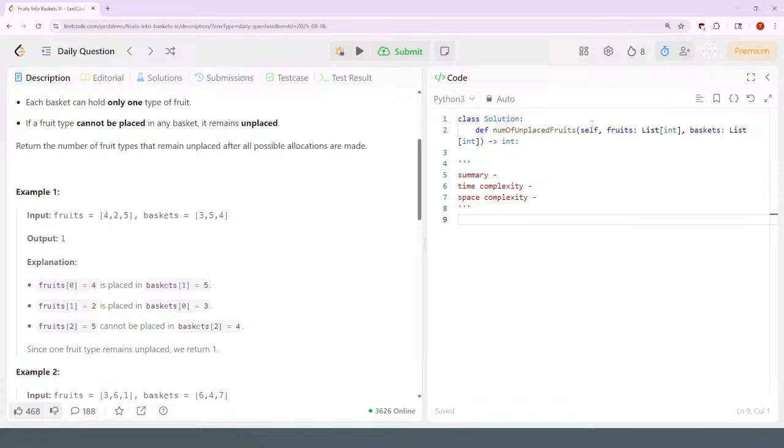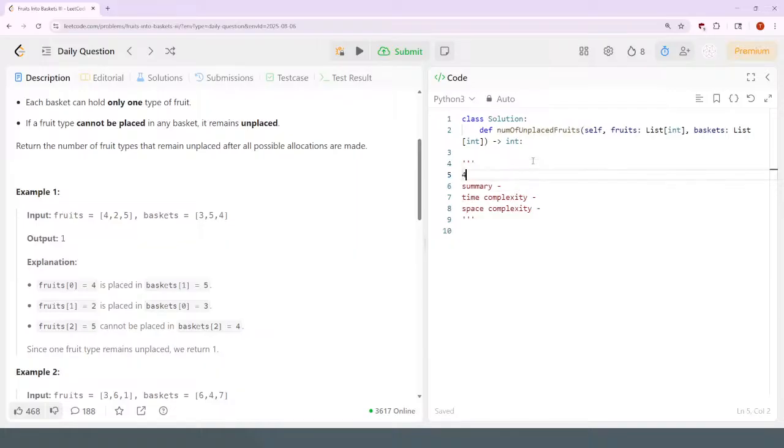So let's really think about this. 4, 2, 5, 3, 5, 4. So what could you do here?